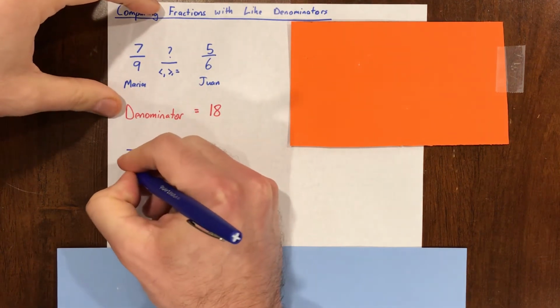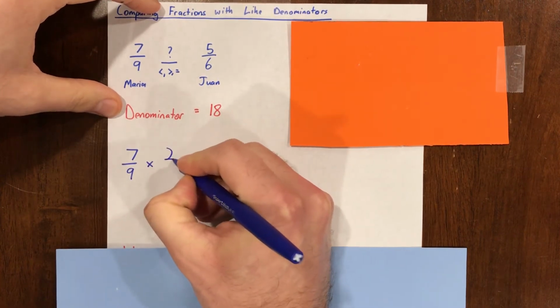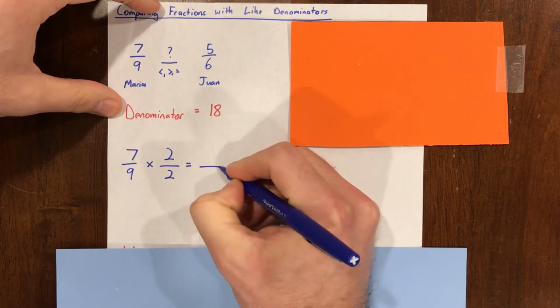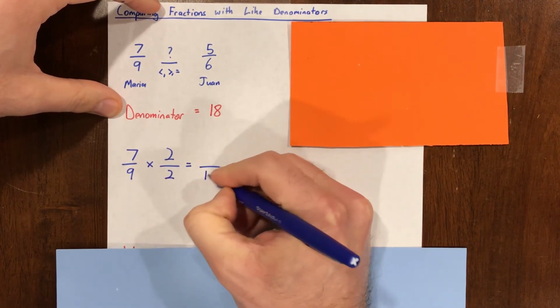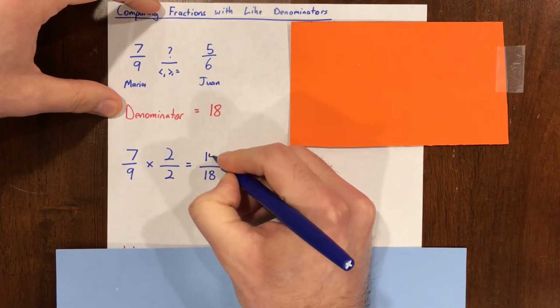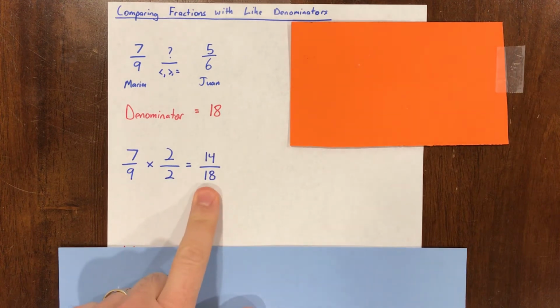We have to multiply both the numerator and the denominator by 2 because 9 times 2 is 18. 7 times 2 is 14. So 7/9 is equivalent to 14/18.